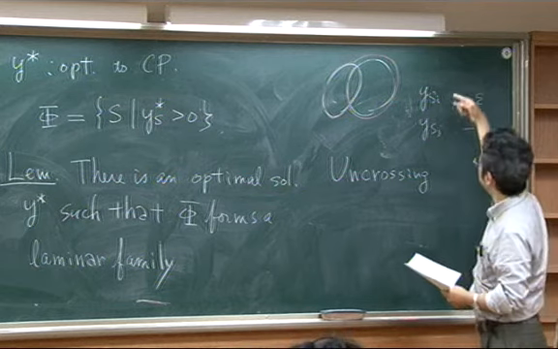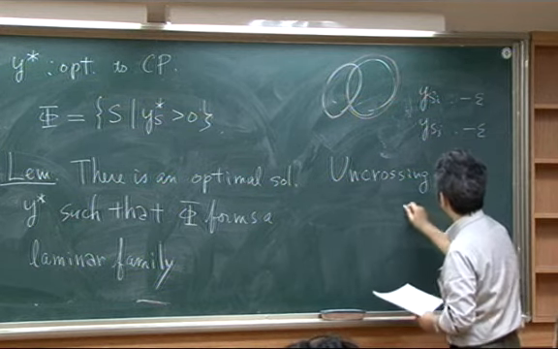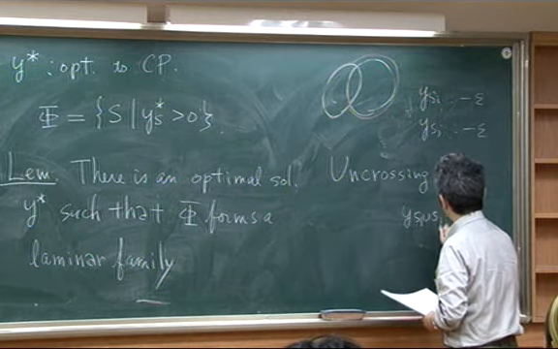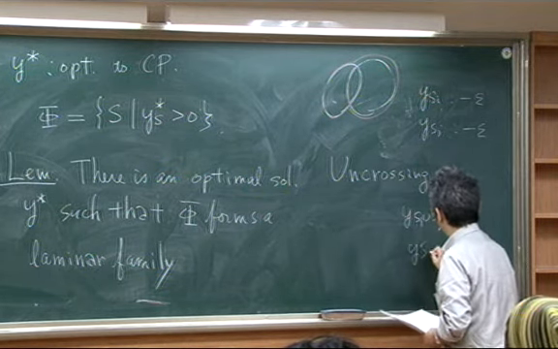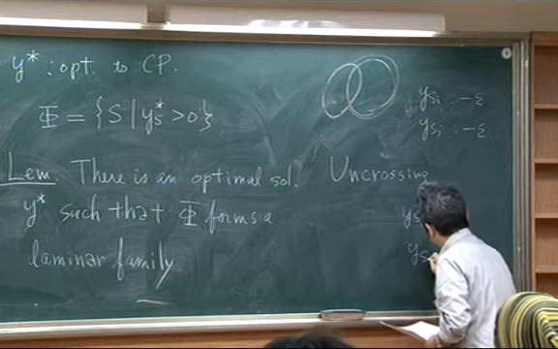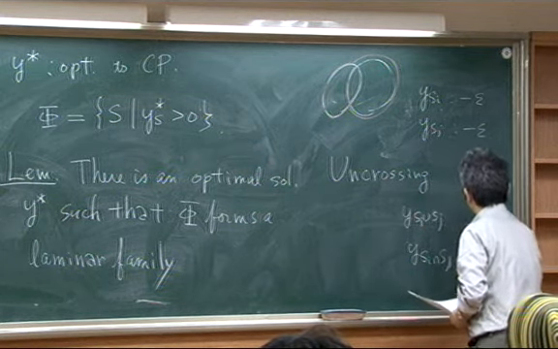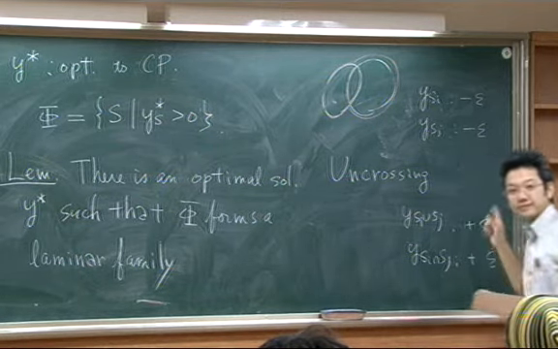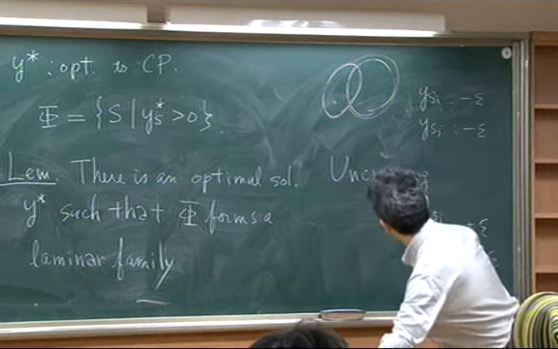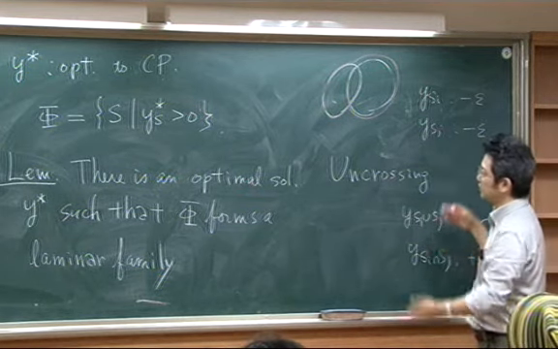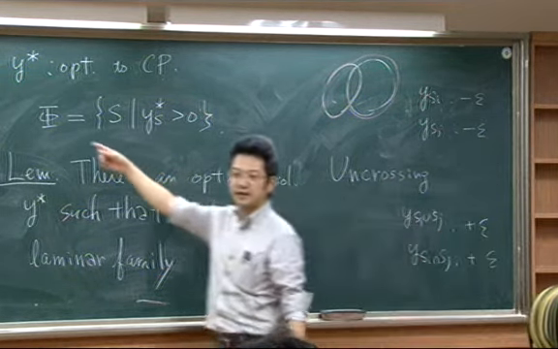And instead, we also set Y of the union of Si and Sj and Y of the intersection to be plus epsilon and plus epsilon. So if these two are originally 0, then we have a new member of psi anyway.